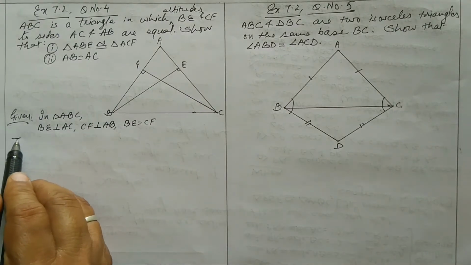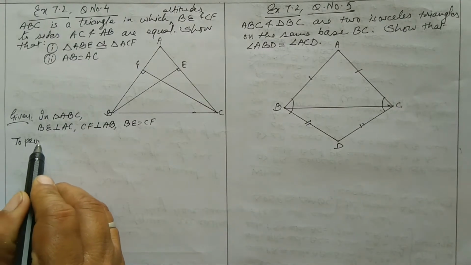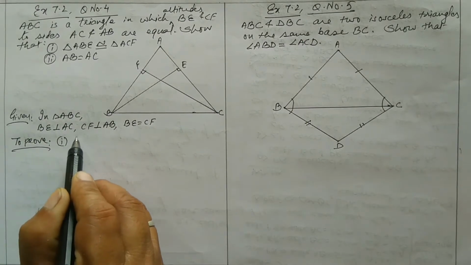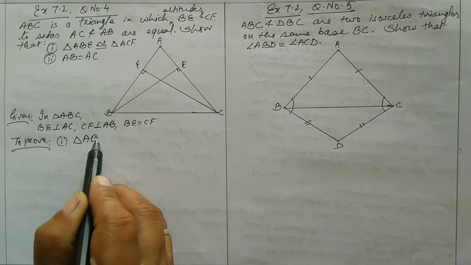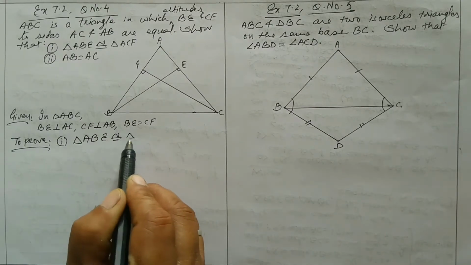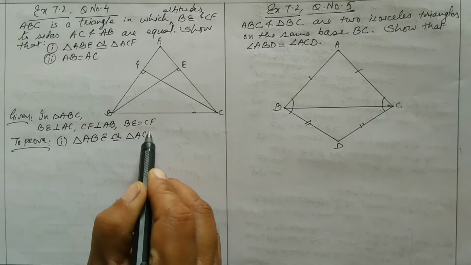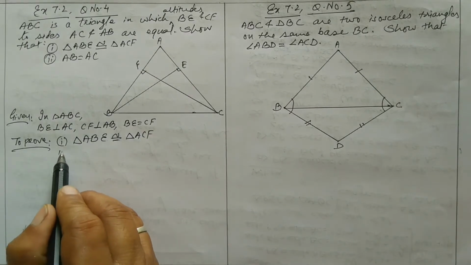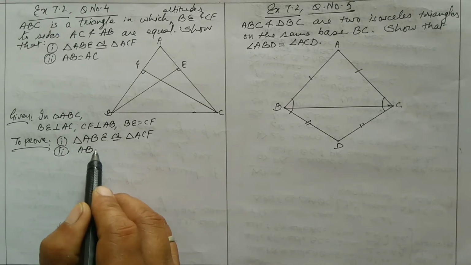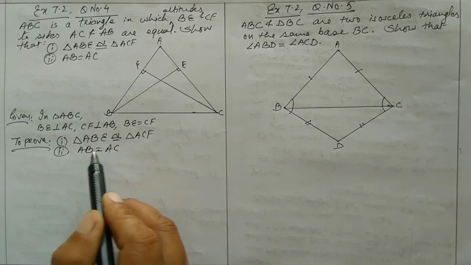To prove, what do you want to prove? You want to prove triangle ABE is congruent to triangle ACF, and second, AB is equal to AC. See the proof.